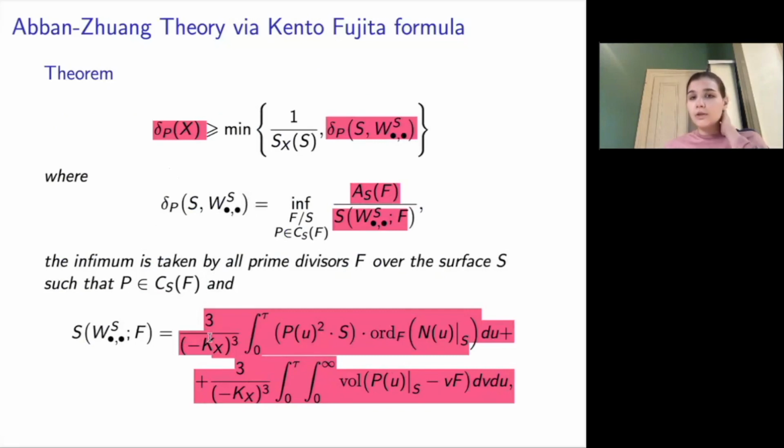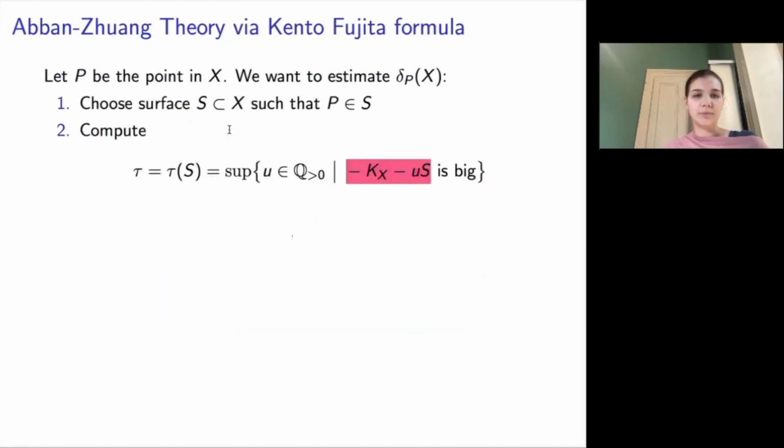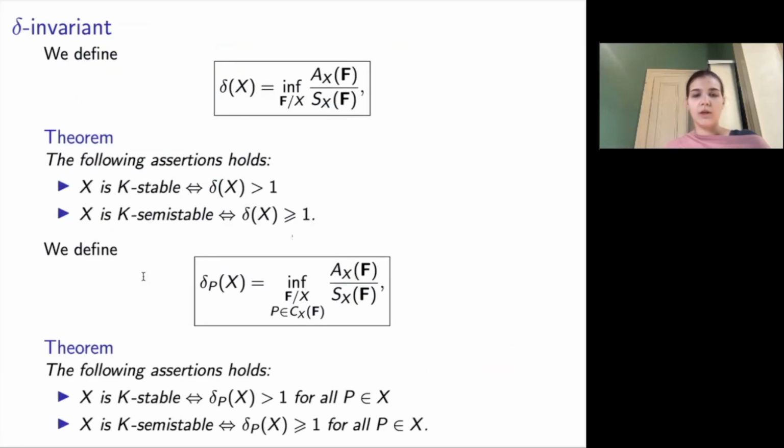So after knowing the Zariski decomposition, all of these numbers can be computed, and the estimation for the local delta can be found. And after we know the estimation for local delta, we can understand if the local delta is greater than 1 for all points or not.